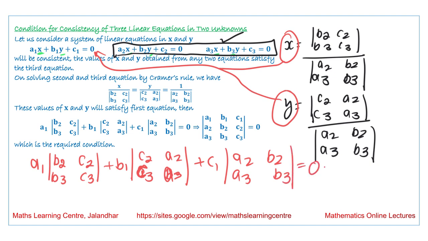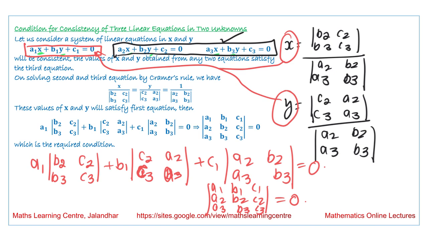These values of x and y should satisfy this first equation, and this is just equivalent to writing that the determinant of a1 b1 c1, a2 b2 c2, a3 b3 c3 is equal to 0.